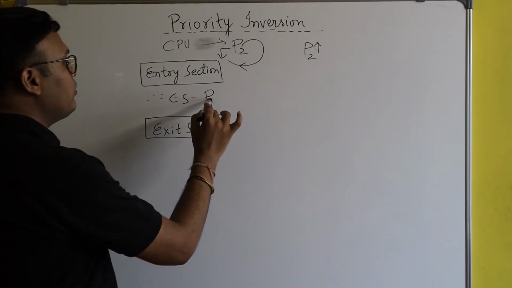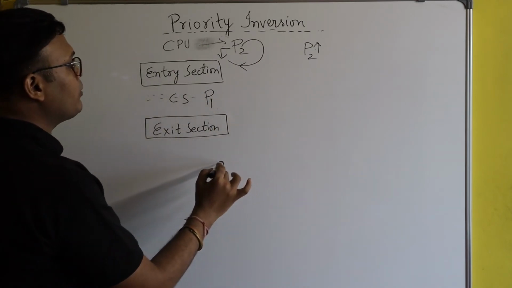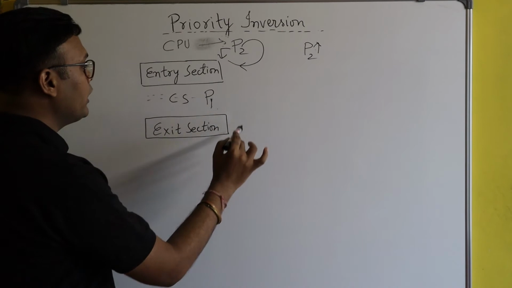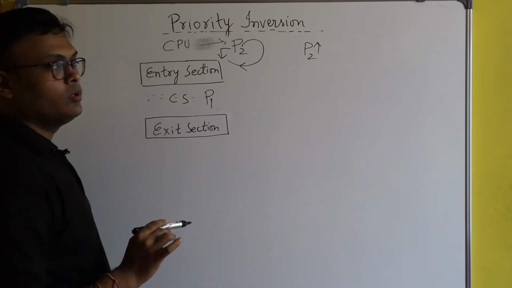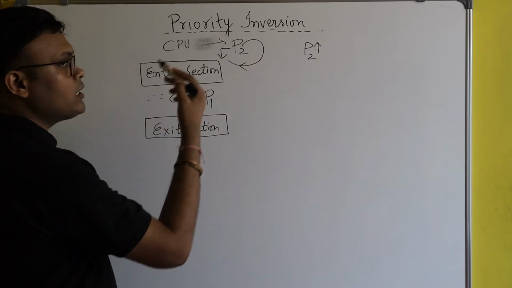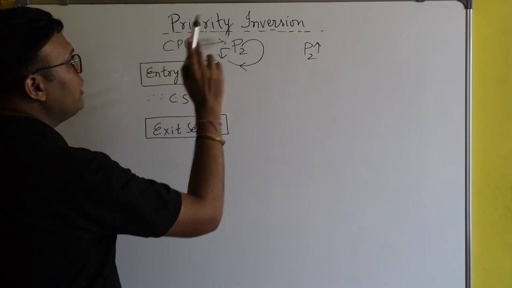And P1 has got stuck inside the critical section. P1 is unable to come out from the critical section, because in order to come out, P1 needs the CPU. So both are locked in their respective positions. This problem is known as the priority inversion problem.